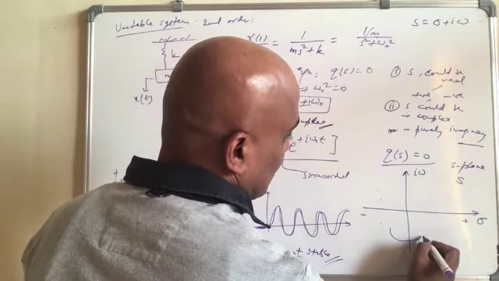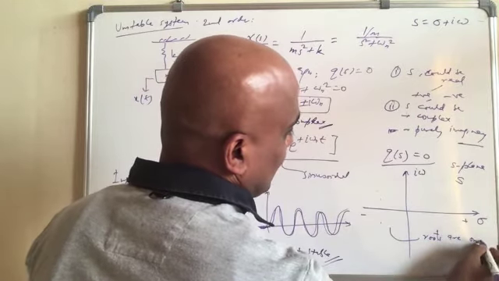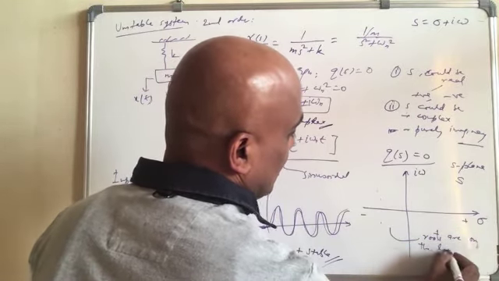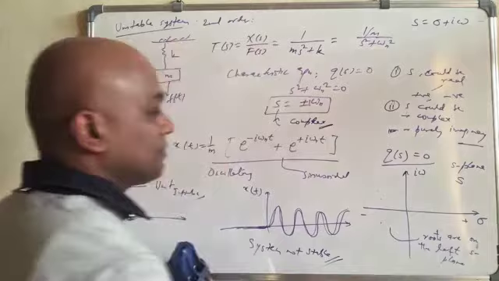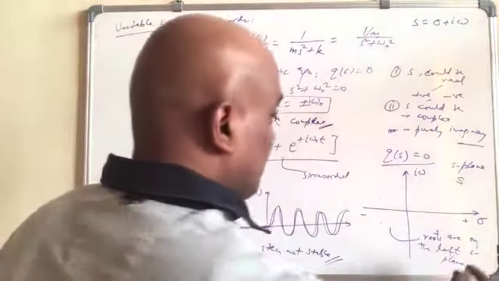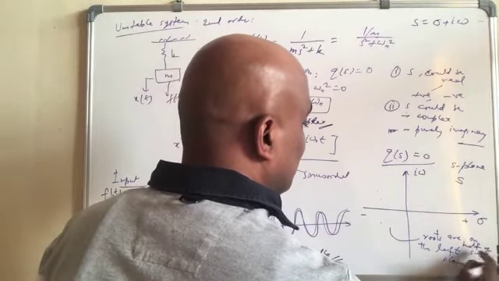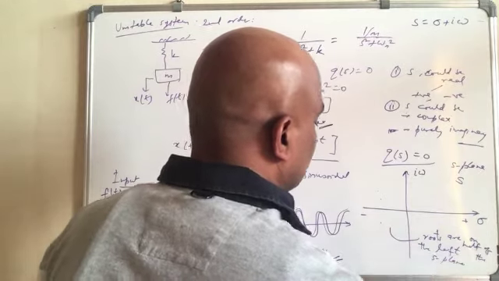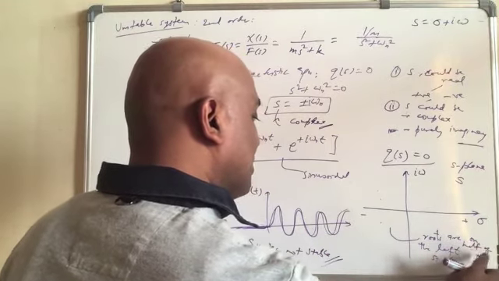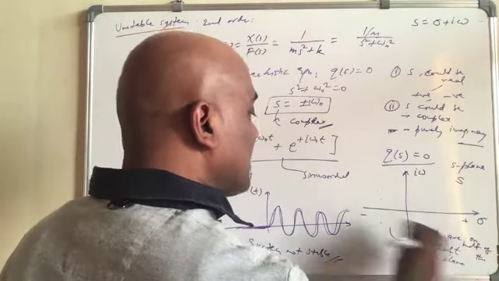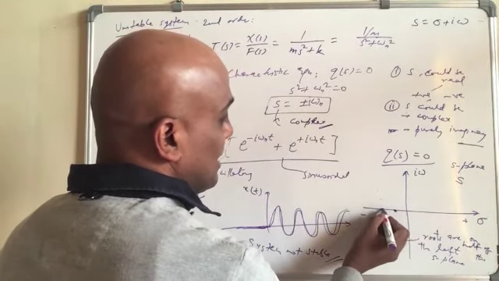So roots are on the left S-plane, or left half of the S-plane. So as long as the roots are on the left half or negative half, for example, if it is a real number, s will be here.